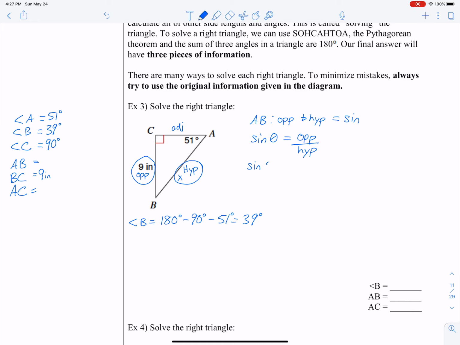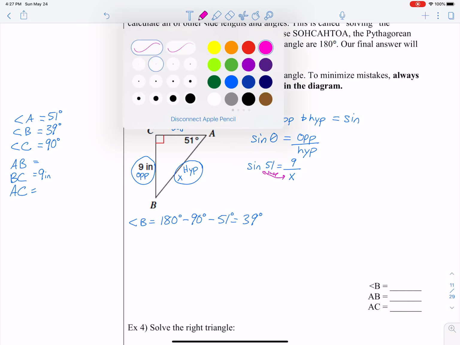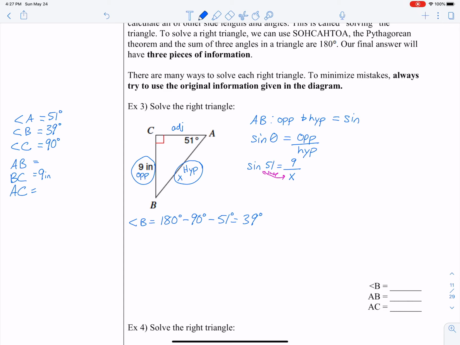So sine of 51 is equal to, my opposite is 9, and my hypotenuse is x. That's what I'm looking for, it's my x. Since my x is on the bottom, I'm going to swap these. So I'm going to say x is equal to 9 over sine of 51.